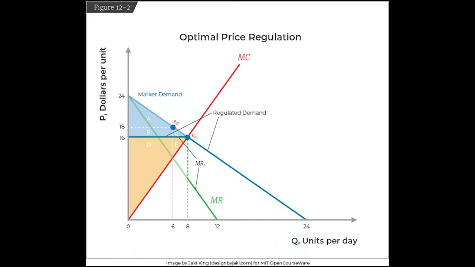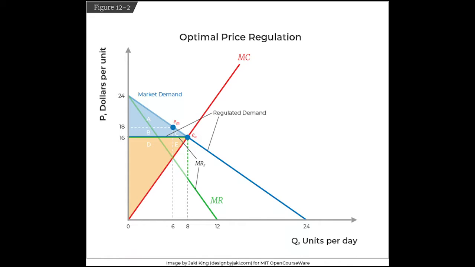Then it jumps to the flat line at 16. Essentially, the new marginal revenue curve is downward sloping till the point where marginal cost equals marginal revenue. Then it jumps back up to the flat part that goes from 6 to 8.